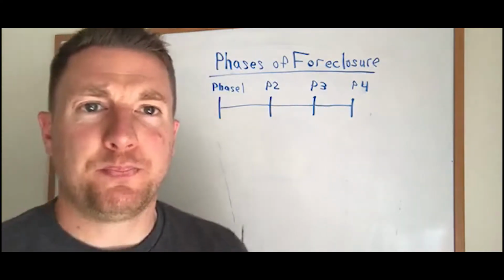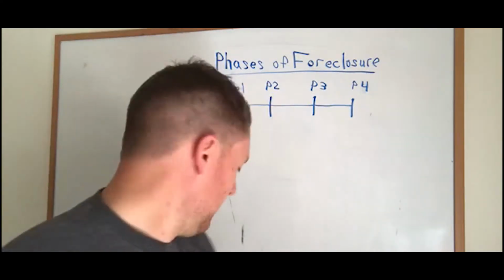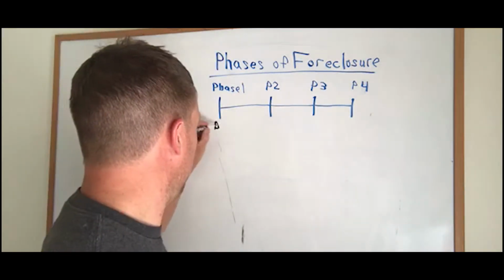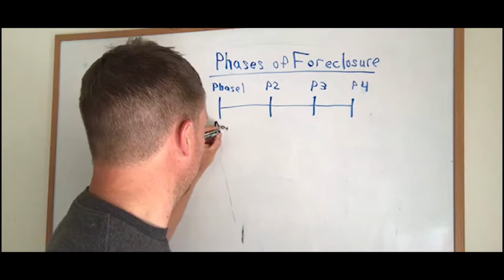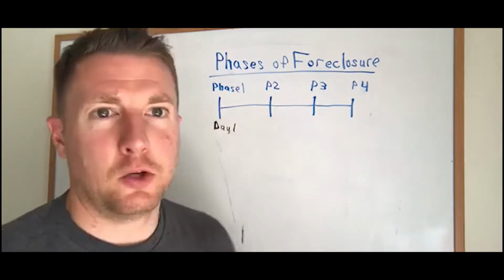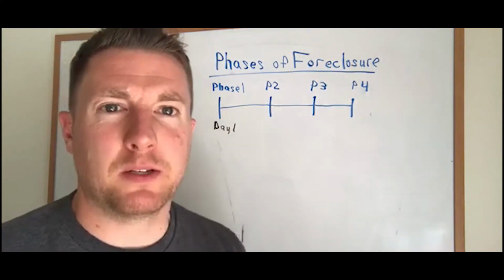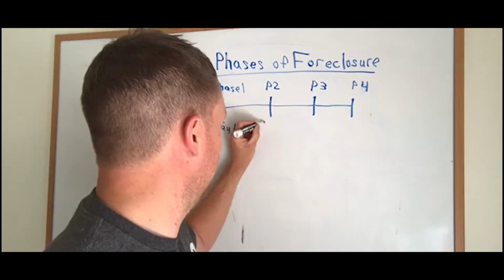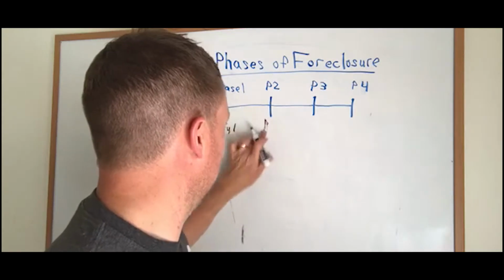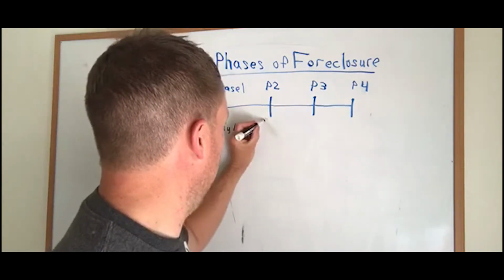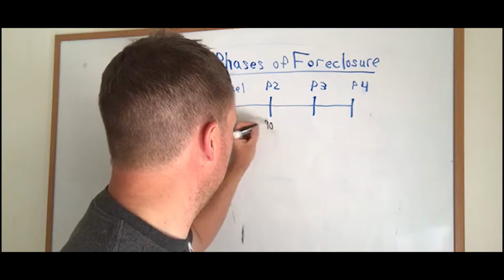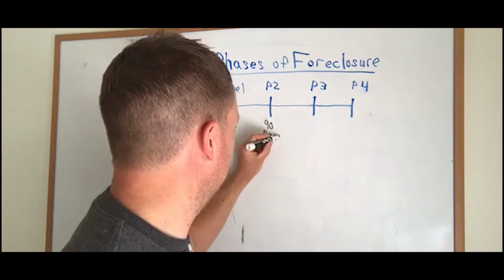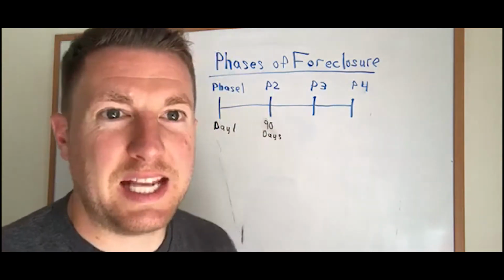So here's the deal with the phases of foreclosure. Phase 1 is, we'll call this day 1. So day 1, you miss a payment. Phase 2 is 90 days late.